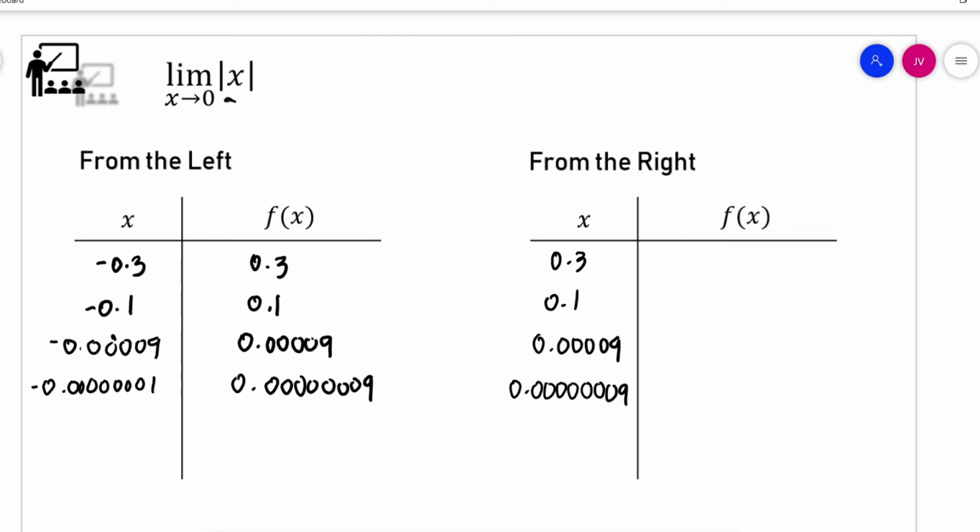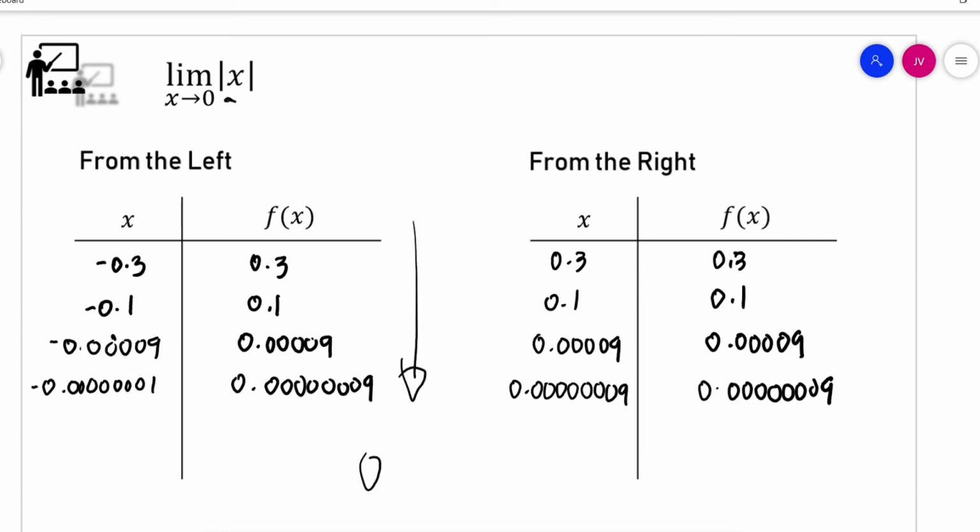So sa right hand limit naman natin, same lang din. Since this is positive, positive pa rin ang kalalabasan. So we have this value of your f of x. Ayan. So, continue natin. As the value of x approaches 0, the value of your f of x approaches 0, both right hand and left hand limit.